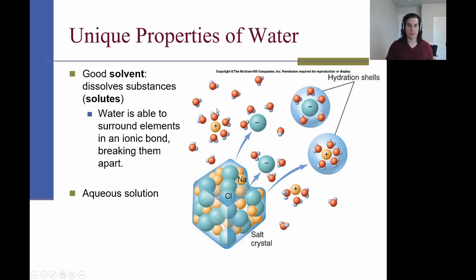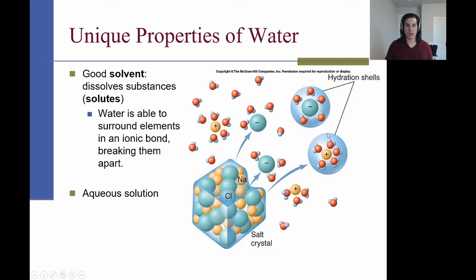Now, when you drop salt into some water, because water is polar, with a partial positive on one side of the molecule and a partial negative on the other side, you get those partial positives of the hydrogen atoms within the water molecule attracted to the negative charge of your chloride ion. And then you have that partial negative charge of the oxygen attracted to that positive charge of your sodium.